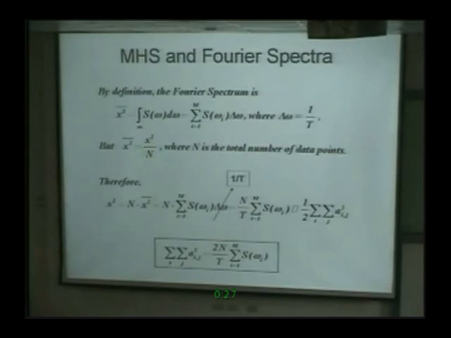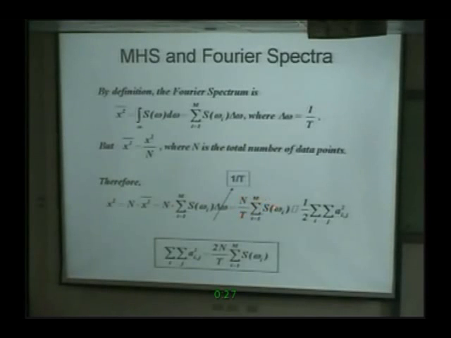Now, if this is the definition of x mean, then x squared equals N times x mean, and N times x mean equals N times the Fourier spectrum. But this del omega is 1/T, so this spectrum comes out as T, and this N comes out, so N/T is the spectrum.